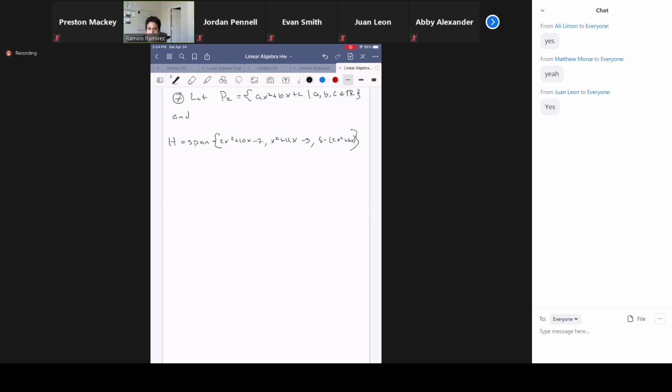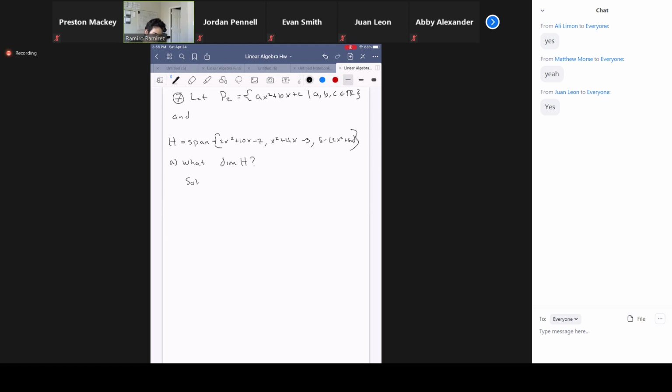What does it mean to be a basis? First, it has to span the entire thing, which by definition this will span H. However, it also has to be linearly independent, meaning none of these can be constant multiples of any other. So part A, what is the dimension of H?